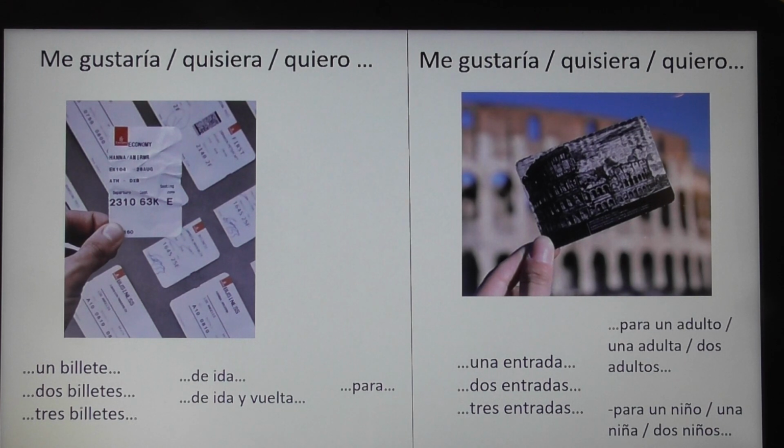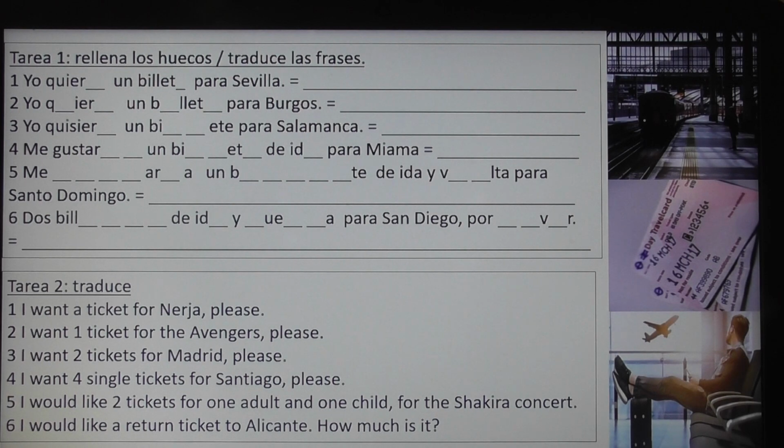I want 2 tickets for 1 adult and 1 child. Quiero 2 entradas para un adulto o una adulta y para un niño o una niña. Muy bien. Y te toca a ti.